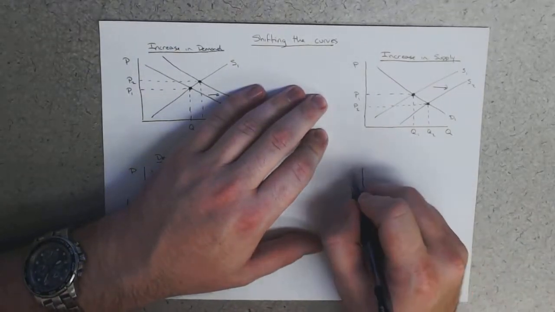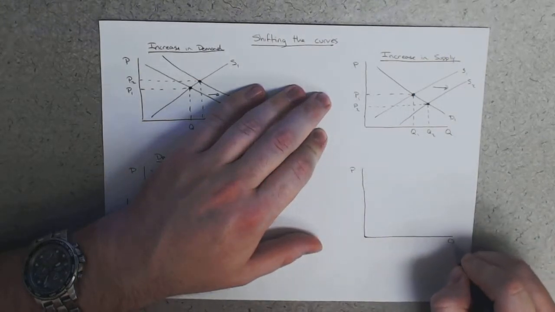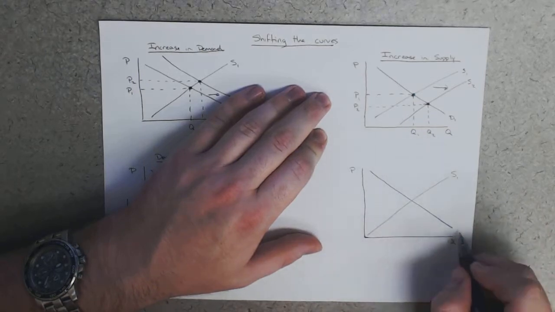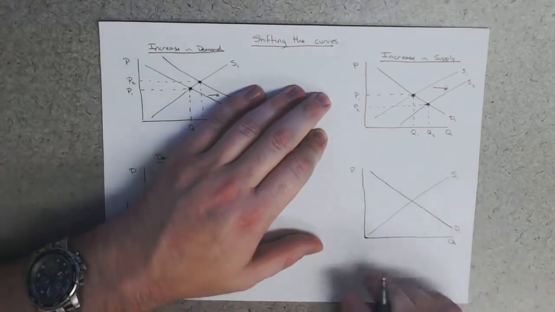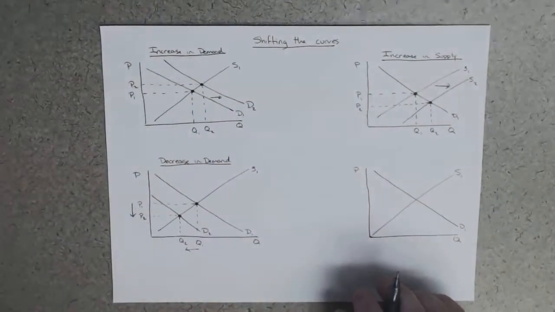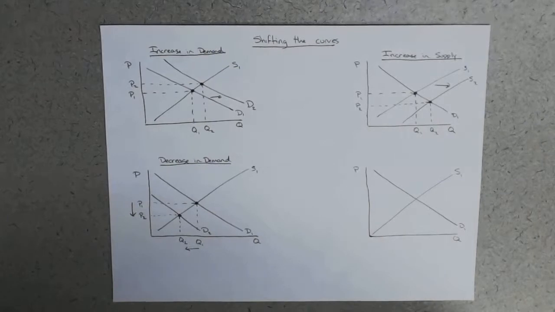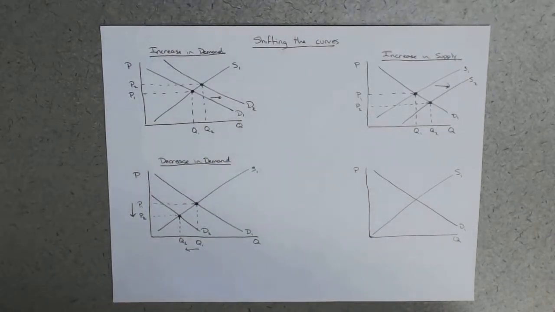I bet you guys know what the answer is before I even come up with my example. So let's say that the price of French cheese a year from now increases.